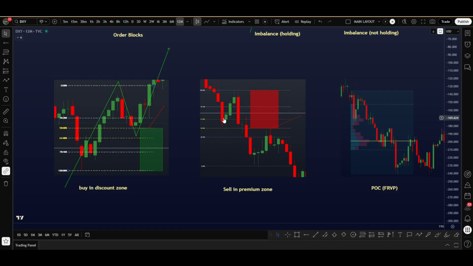It is well known by beginner traders and also experienced traders. When you are in a bearish market, you need to follow the trend by selling at a premium price to get a good risk reward. And when you are in a bullish trend, you need to take a trade in a discount zone. Simple as that.